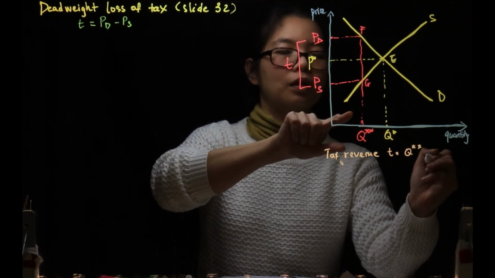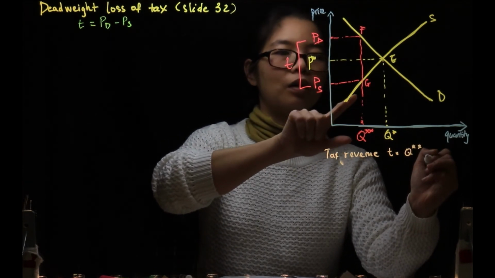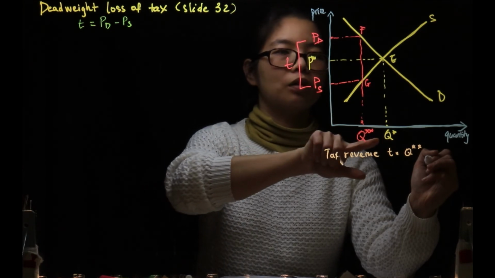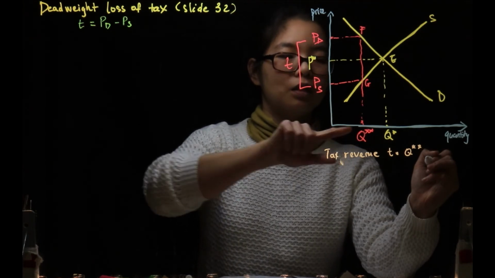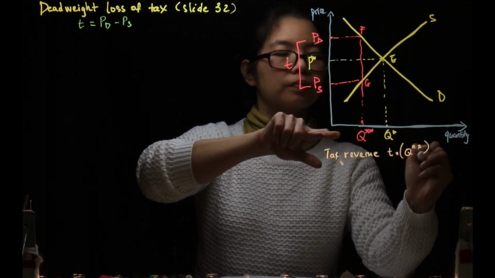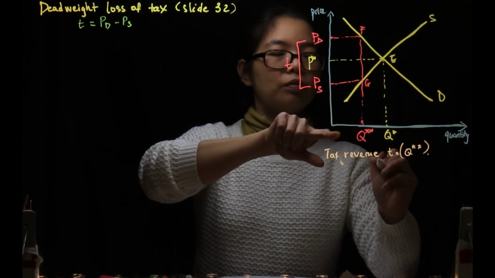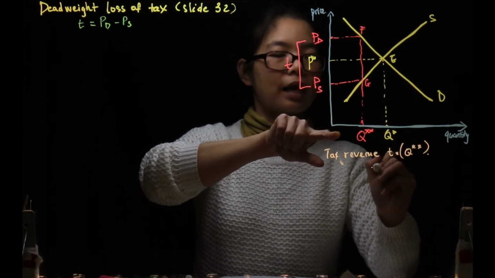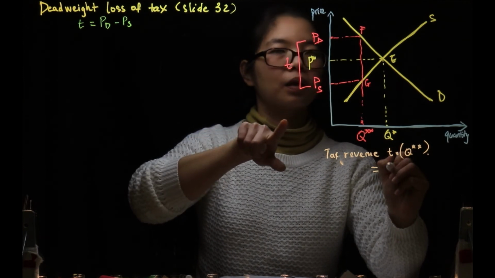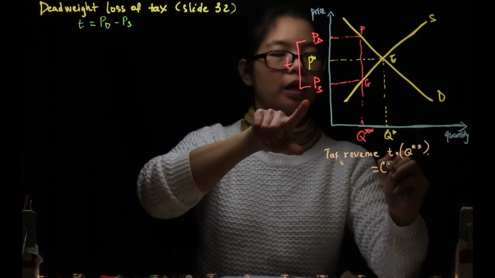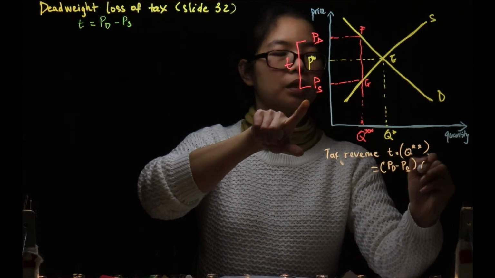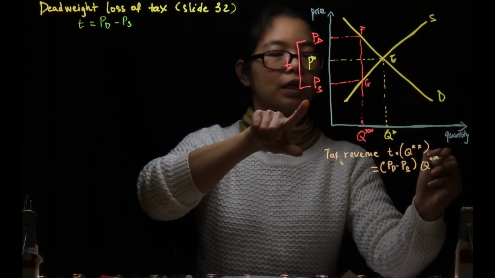Because now the consumption, or the demand or the supply, is only Q2 star, not Q star anymore. So times Q2 star, and if you substitute tax by PD and PS, we would have PD minus PS times Q2 star, right?